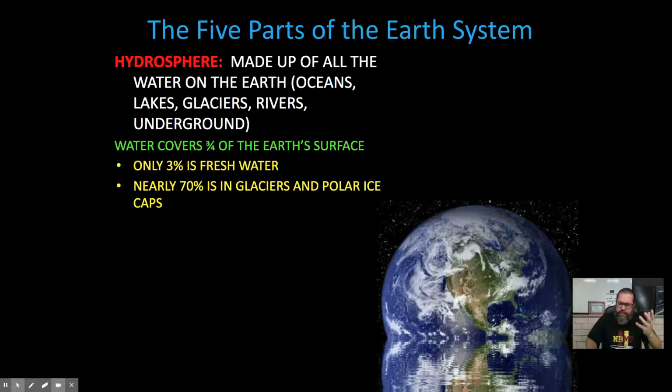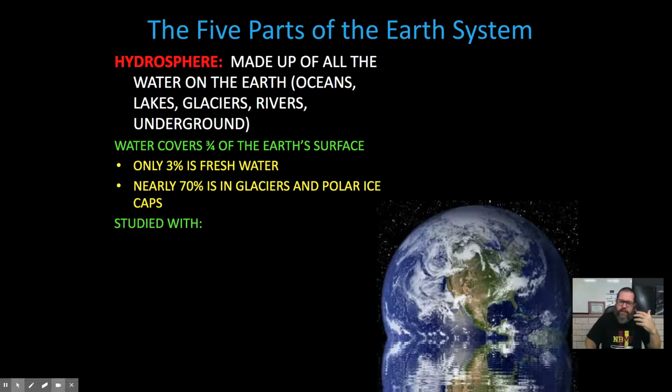Although we're doing a pretty good job at the moment of releasing that, but understand that, when 70% of your water is tied up in glaciers and polar ice caps, as those begin to melt, where does that water go? For the most part, especially if it's polar ice cap, it's heading into the ocean where it's going to become salt water. All right. So there's no doubt that we need to conserve our fresh water on this planet.